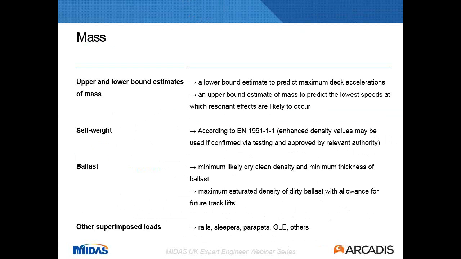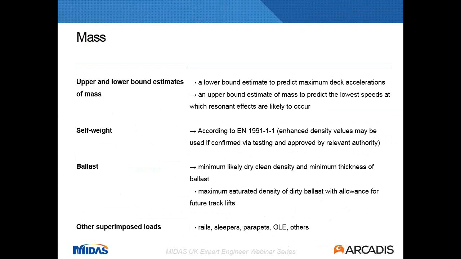For instance, in this upper and lower bound, when you have a ballasted track, you have to consider two scenarios for the ballast. One scenario is when the thickness of ballast is the minimum allowable in your bridge, and the ballast is dry and clean, so it has a lower density.